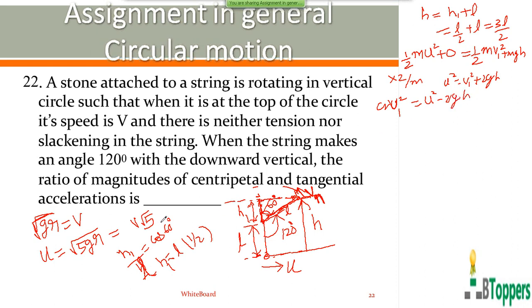Here u equals root of 5gR. R can be taken as the length of the string, since the radius of the circular path in which the stone moves is equal to the length of the pendulum. So u square is equal to 5gR, which we write as 5gL.